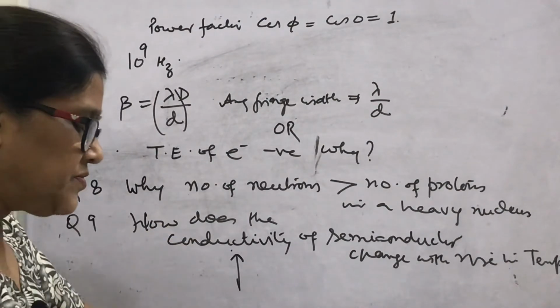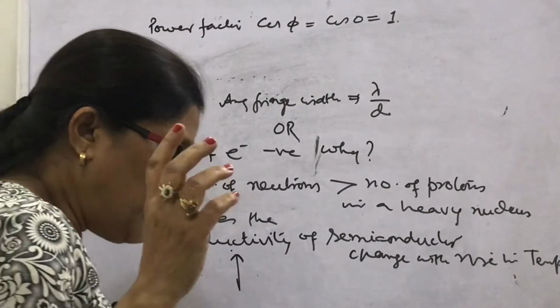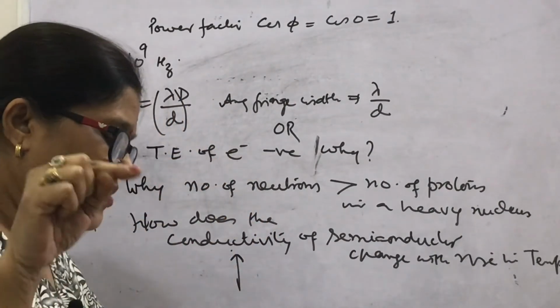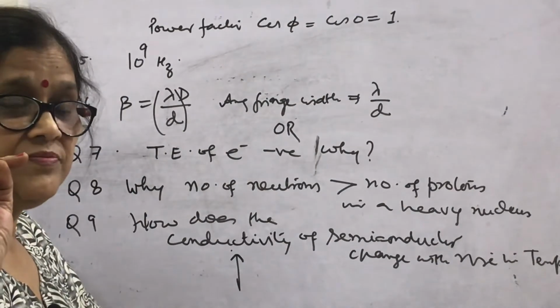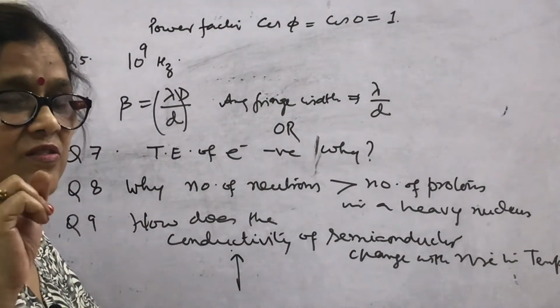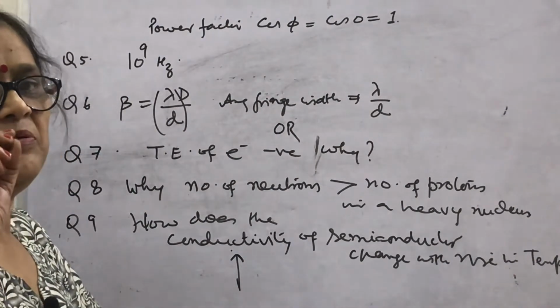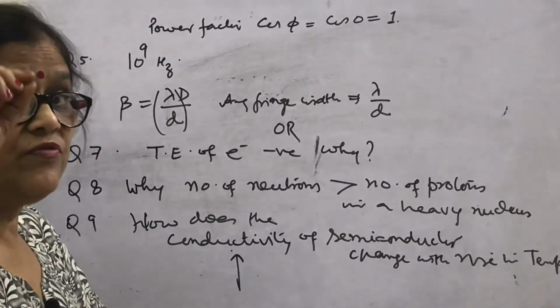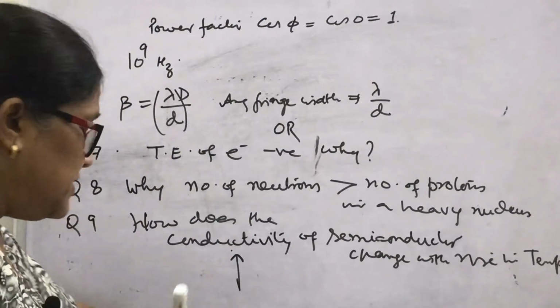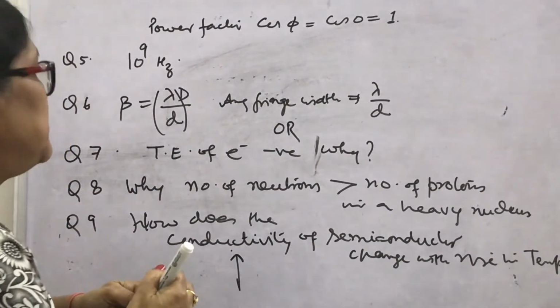Next question: which type of biasing is used in a photodiode to detect a light signal? Learn the PN junctions and their applications. So in the case of a photodiode, which biasing is used? Reverse biasing.